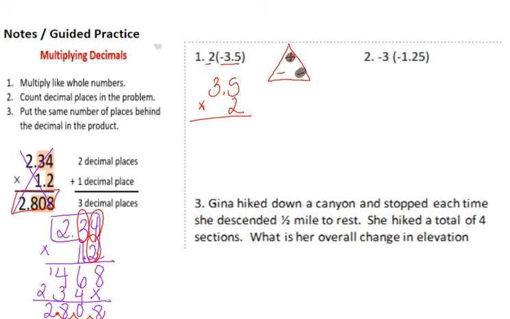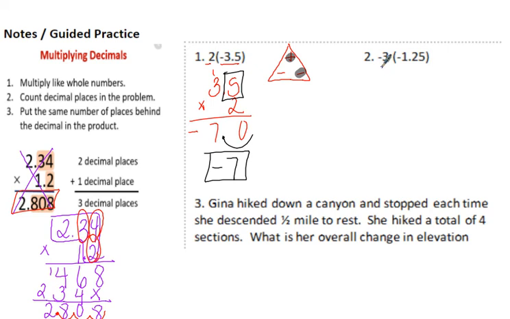So therefore my answer is a negative. I go 2 times 5 is 10, carry the 1, 2 times 3 is 6, plus 1 is 7. I have one number after my decimal, so I go one number in, so my answer is just a negative 7. And again, review, we're just now incorporating the positive and negative signs into it.